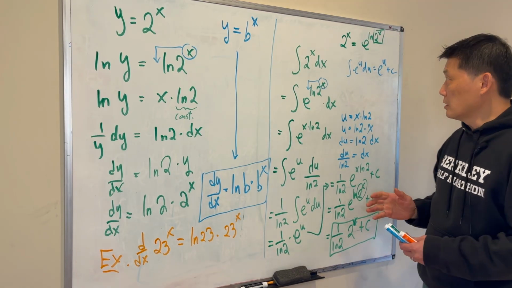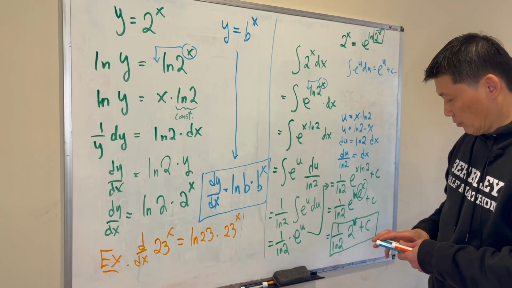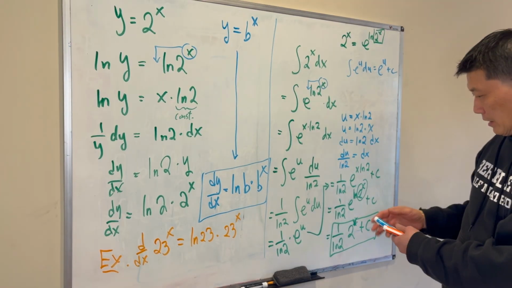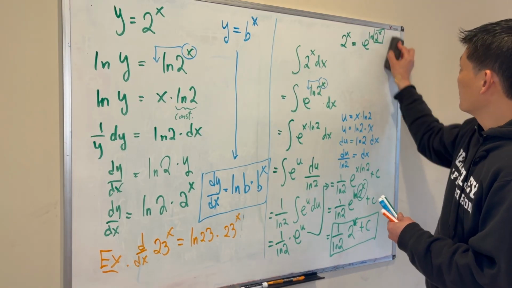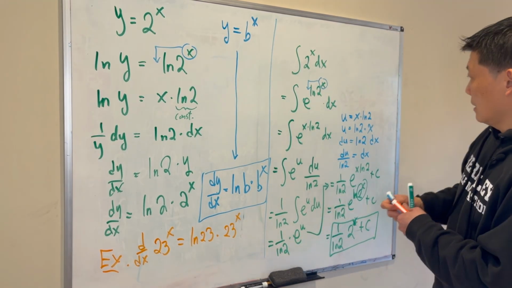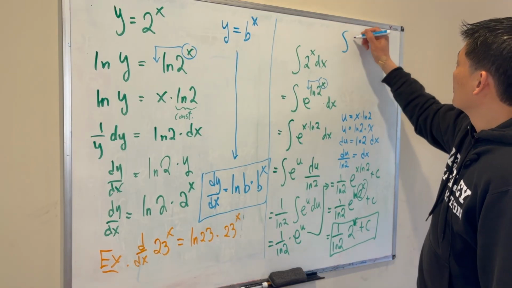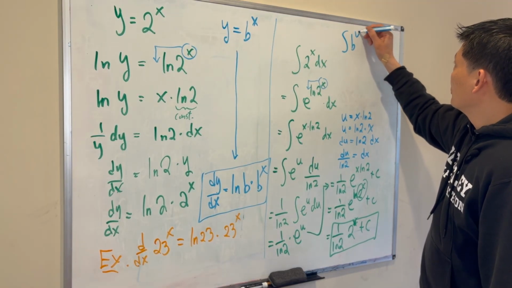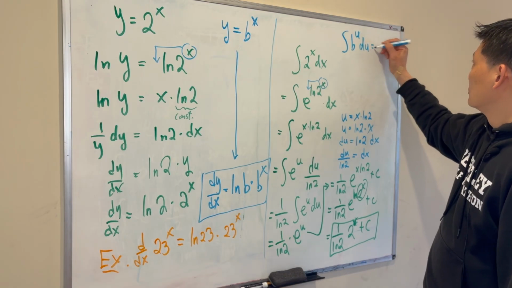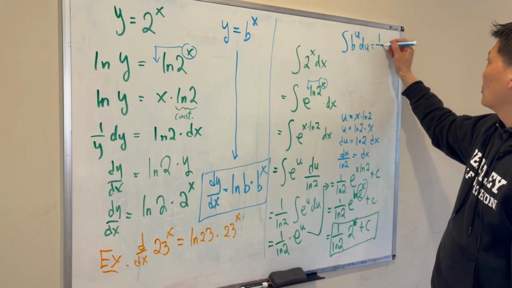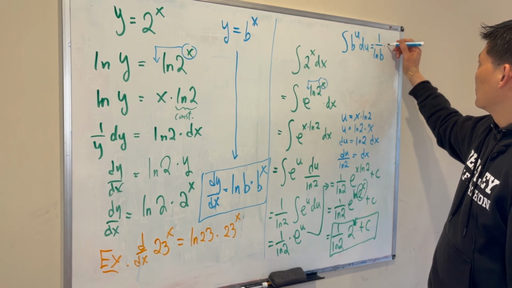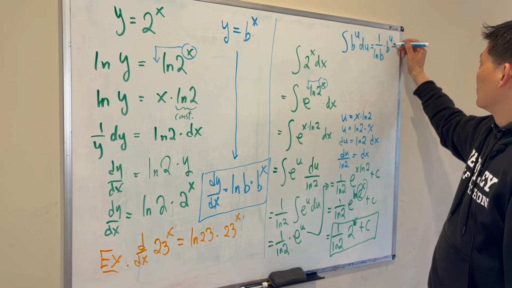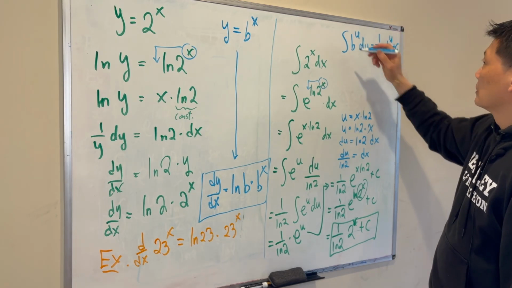This shows me that we can do a few things, right? This gives me a shortcut. The shortcut is that if I have the integral of b to the u du, it will be 1 over ln b times b to the u plus c.